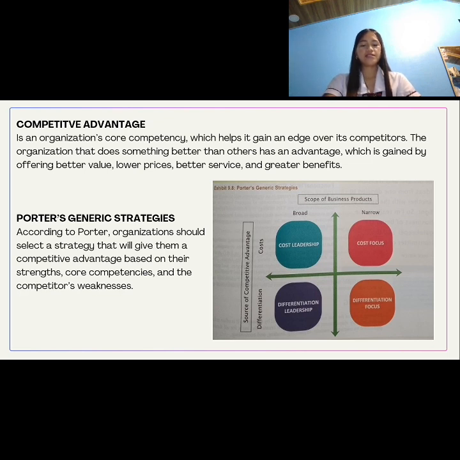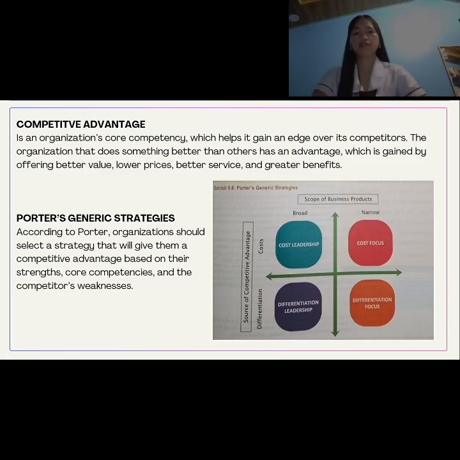Basically, it's the company's main strength or skill that helps it do something better than others in the market. Makagain ang company og competitive advantage sa lain-laing pamaagi, like offering better value, paubos sa presyo, paghatag og better service, or mag-provide og unique benefits nga wala sa laing company.